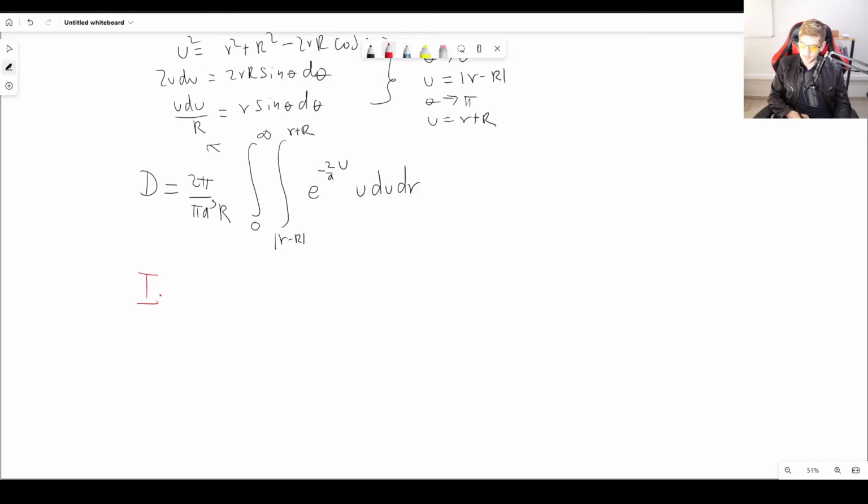For I_u, we will use integration by parts. Let's call u' is u, du' is du, dv is e to the minus 2 over a u du, and v is minus a over 2 e to the minus 2 over a u. Now the integral itself will be the product of these two.